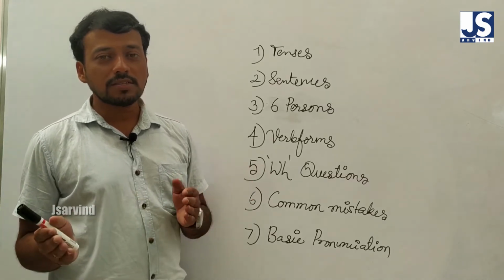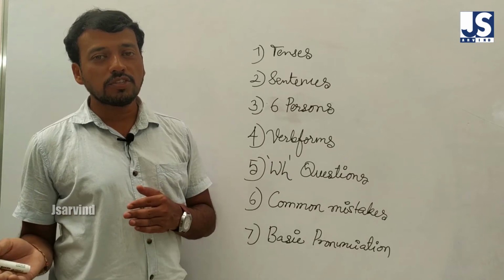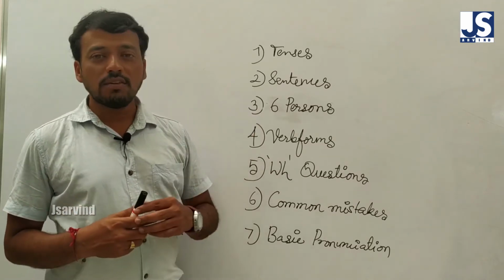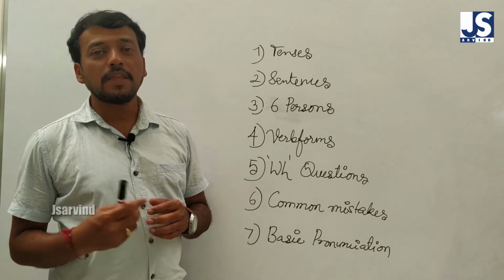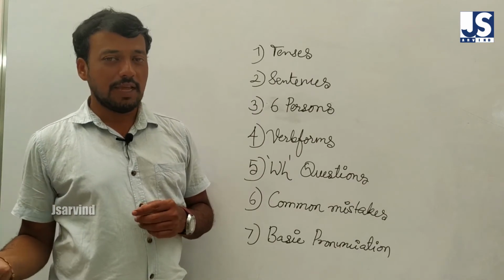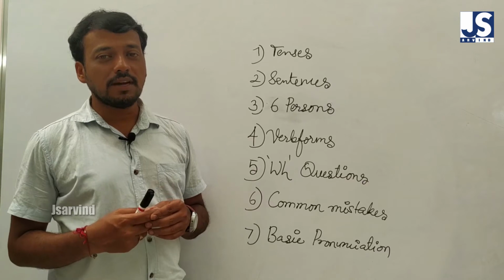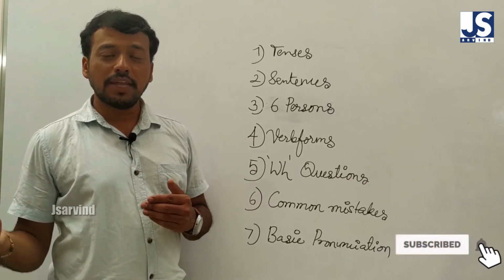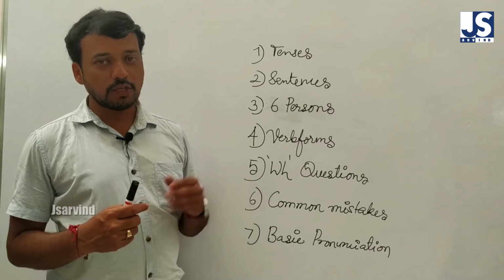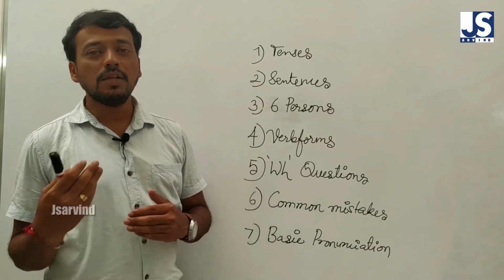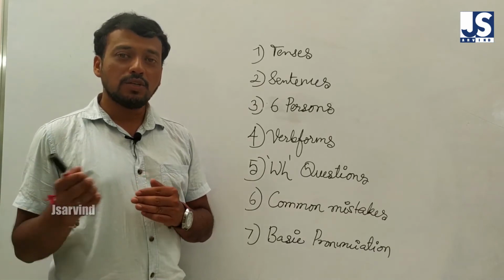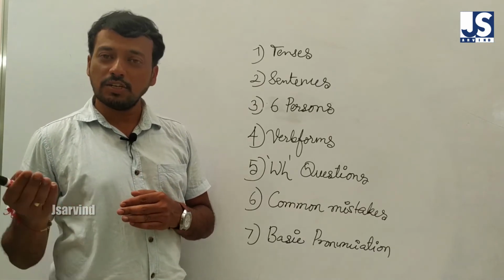If you are going to ask, there are 2 ways: interrogative and negative interrogative. So there are 4 sentences. We have to learn these 4 sentences. In every tense we can ask in 2 ways and we can give answers in 2 ways.